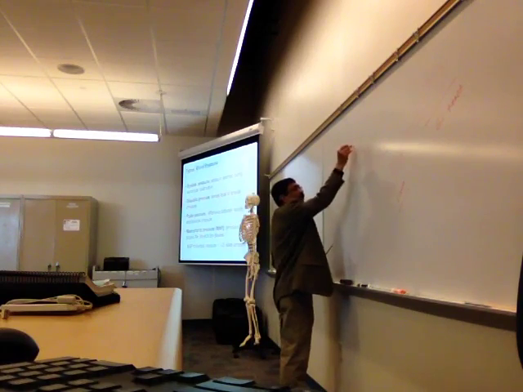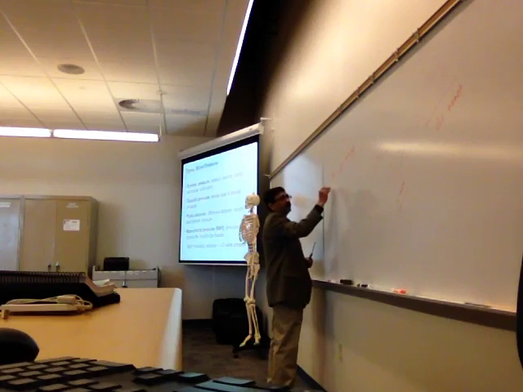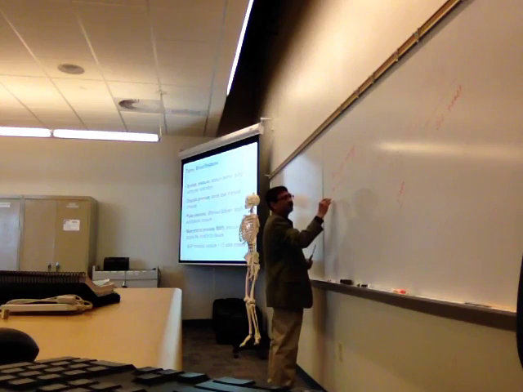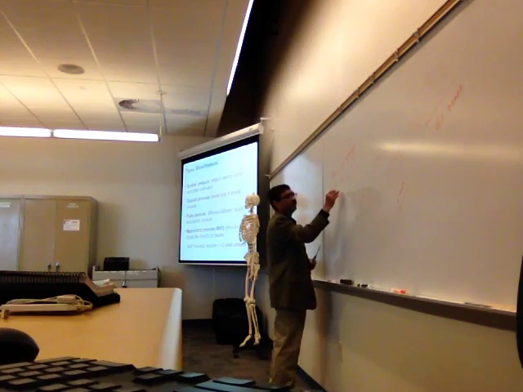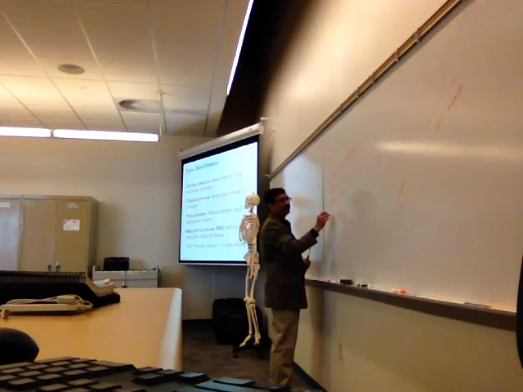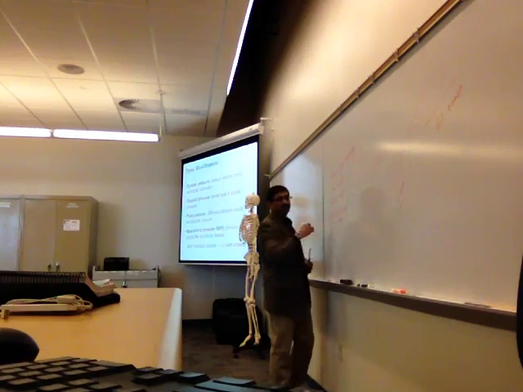Your systolic is 120, your diastolic is 60. What will be your pulse pressure? 60 millimeter of mercury, the difference between these two. Now what will be your MAP, mean arterial pressure? Diastolic plus 1/3 of pulse. 1/3 of pulse is what? 20. So your MAP is 80 millimeter of mercury.